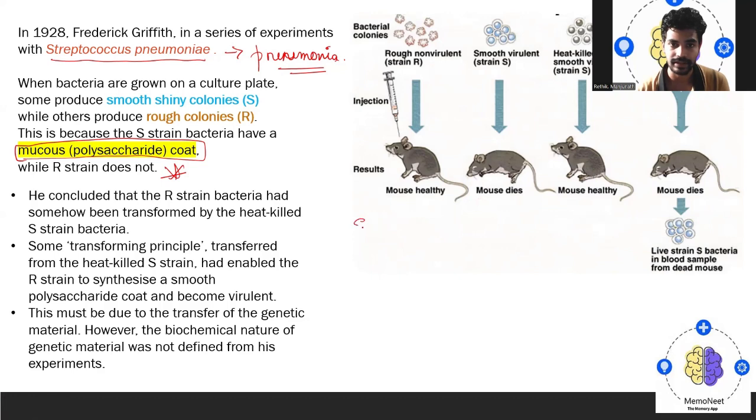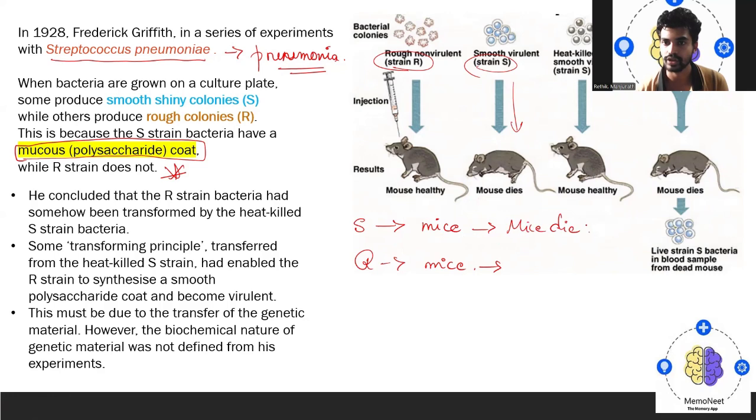So S strain was injected into a mouse, and R strain was injected into another mouse. What was the result now? When the S strain, the smooth strain, was injected into the mice, the mice died.